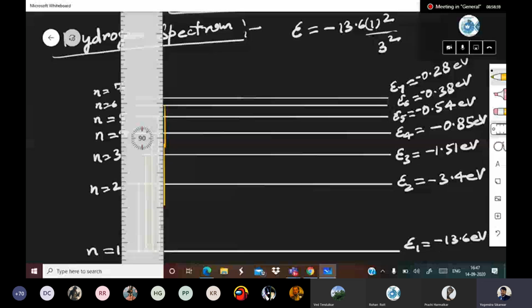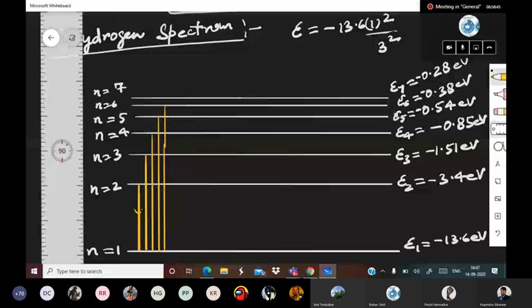What is happening when the electron is transitioning from n is equal to 2, 3, 4, 5, 6, 7, dot dot dot infinity to n is equal to 1?